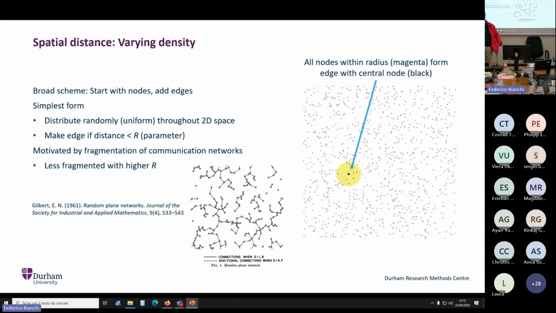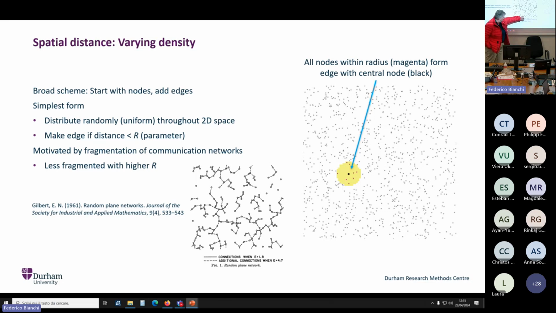The idea here is a uniform distribution: distribute your nodes in space, and everybody has a fixed distance, and it's the same distance. Any two nodes that are within that distance have an edge between them. Further apart, they don't have an edge between them.